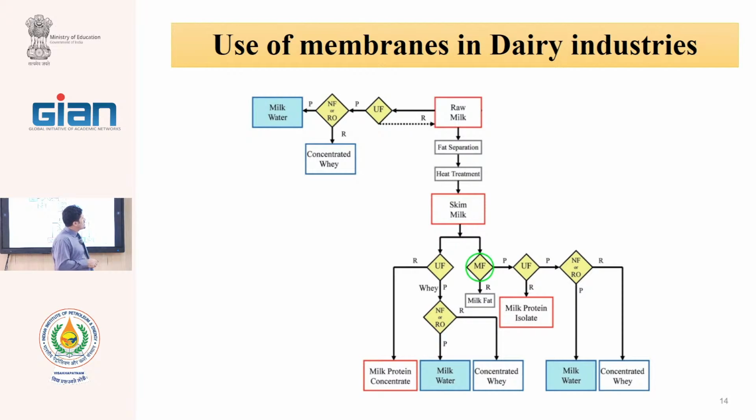Therefore, with the fractionation of the raw milk, we can produce different types of products. And every one of these, for example, can again be refractionated into many compounds.